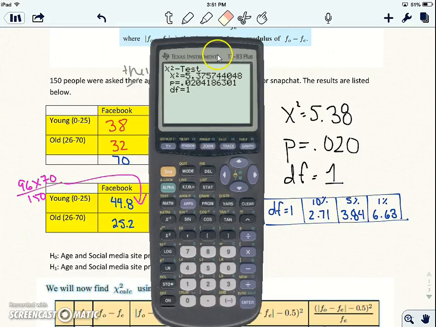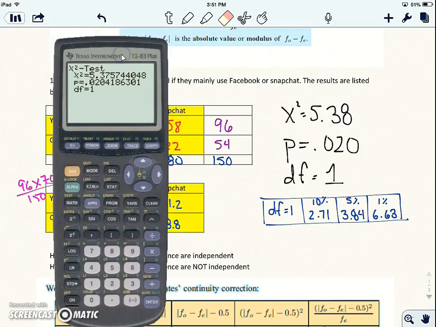And before we do Yates, let's see what we would do if we were doing this at 5%. Okay, this is from that little column, 5%, 1 degrees of freedom. We say if our calculation is greater than that, so our chi-squared calc.